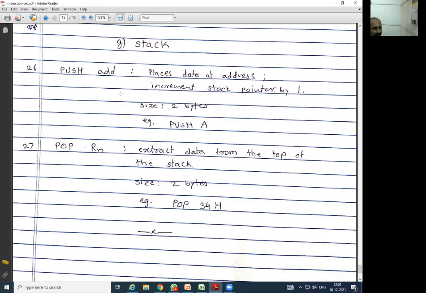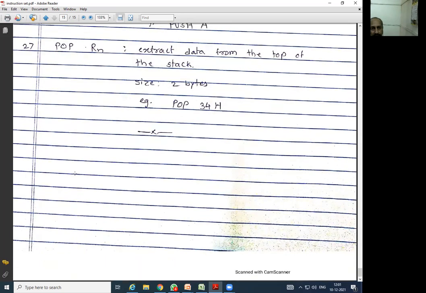So that is to be remembered, because in the MCQ so many times this question, or in the interviews also, it is going to be asked कि in push instruction the pointer is going to be incremented or decremented. So in push, increment, in pop, decrement. So that is to be there. So these are the push and pop instructions related to stack.